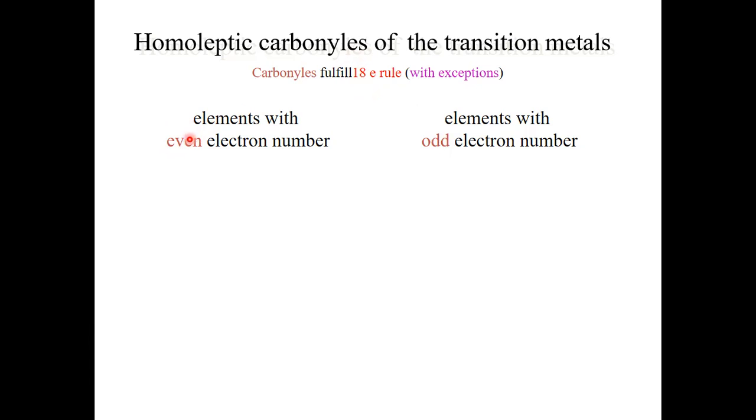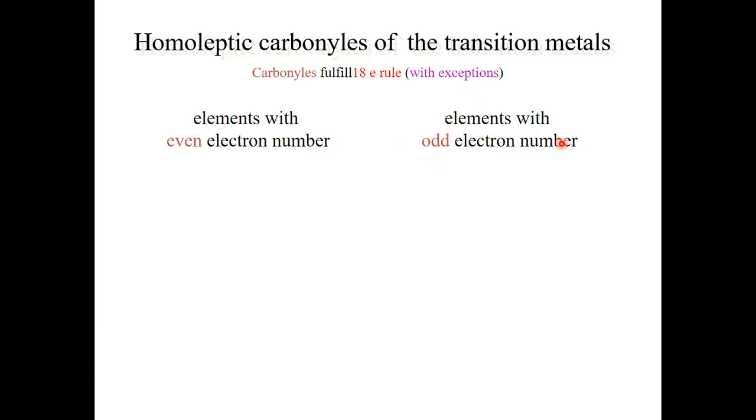Because an even electron number plus 2 times an integer number, whereby the integer number represents the number of carbonyls, can give 18. When we start out with an element that has an odd number of electrons, then no matter how many 2-electron donor carbonyl ligands we add, we can never arrive at 18. We can either arrive at 17 or we can arrive at 19.